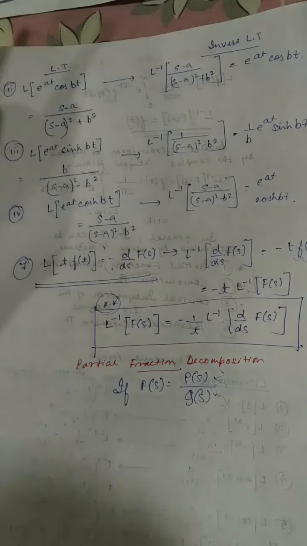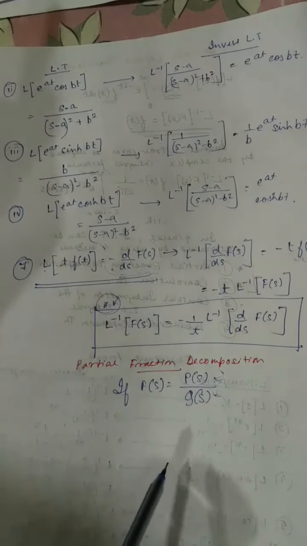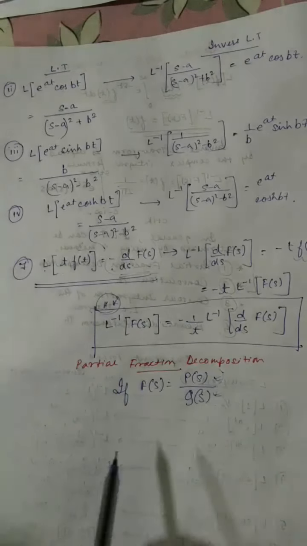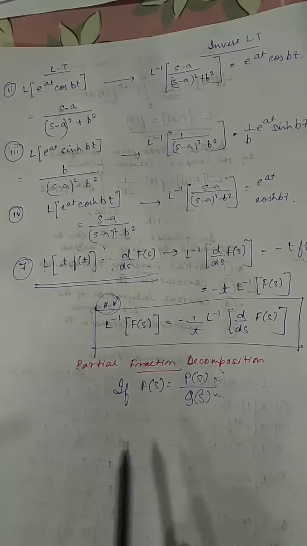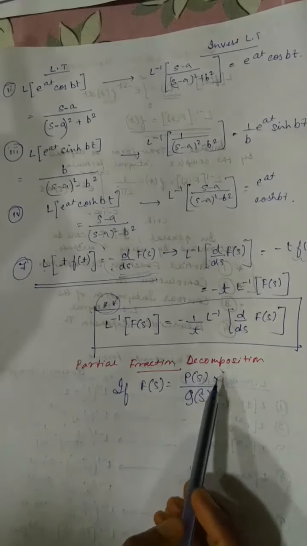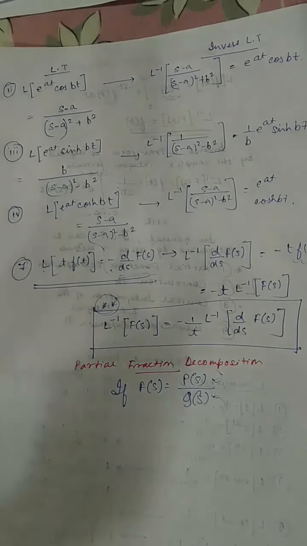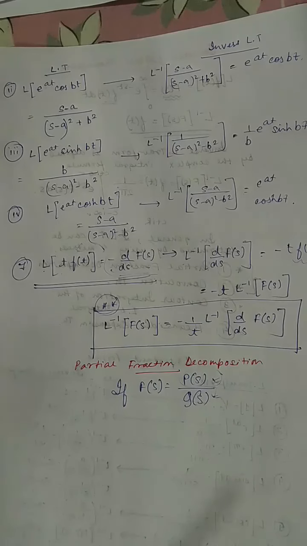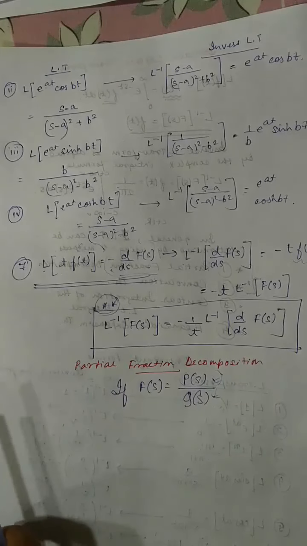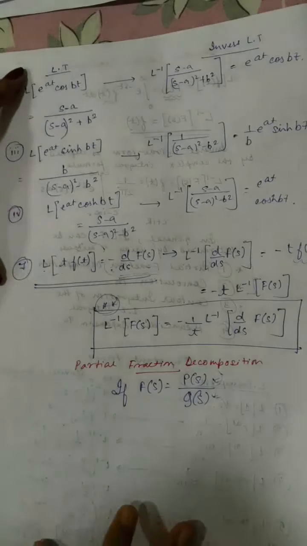The degree of P(s) has to be less than Q(s), only then can the method of partial fractions be applied, and this can be expressed as a sum of terms, right? And then we can apply the inverse Laplace formula. So the only condition we have is that the degree of the polynomial P(s) has to be less than Q(s), only then can we apply the partial fraction decomposition method to find the inverse Laplace transform of the function, right? So we will have a look at it through various examples.